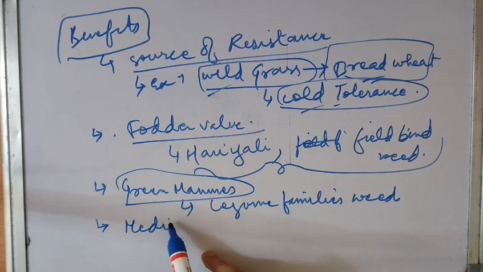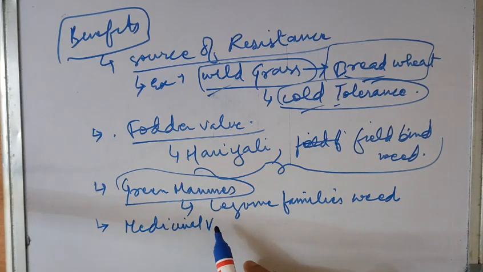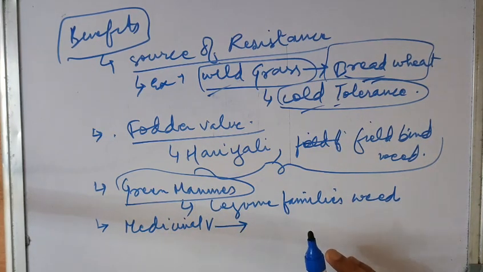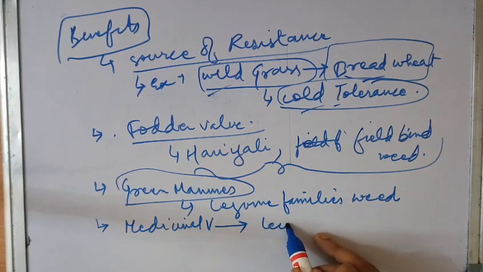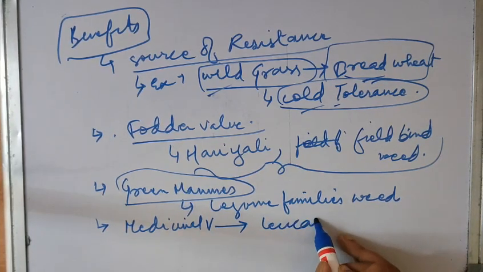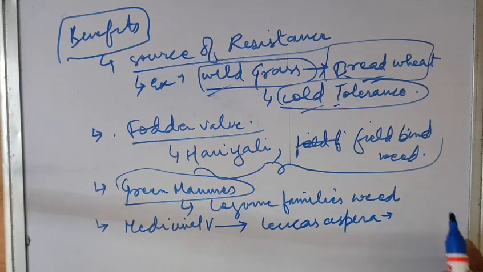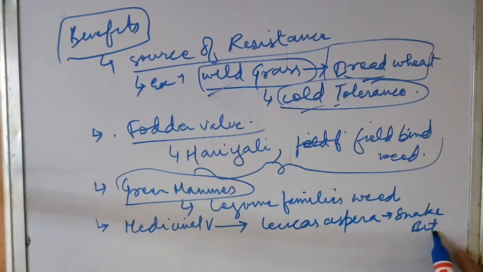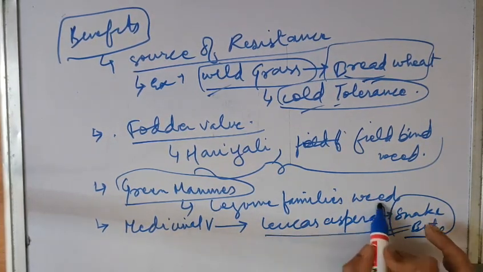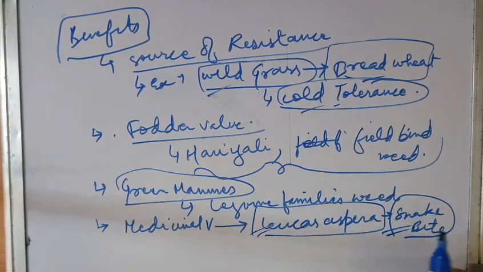Medicinal value. There is a weed known as Leucas, Leucas aspera, that is commonly used in tackling snake bite, and this is commonly used by some tribal peoples. That is Leucas aspera.